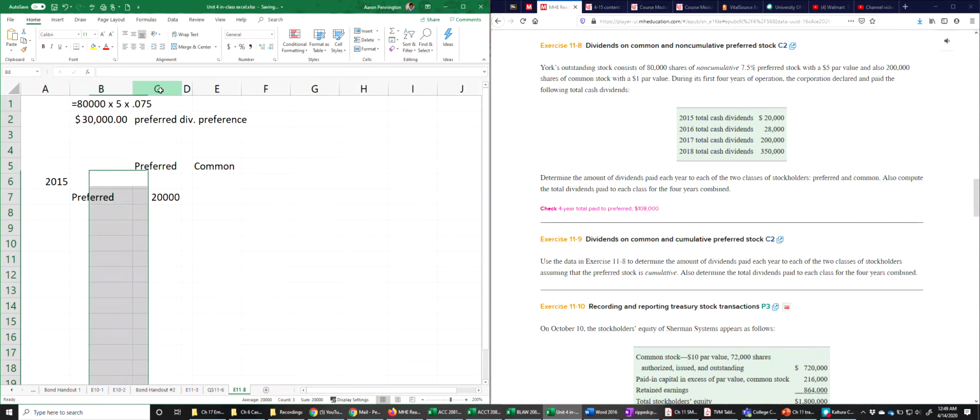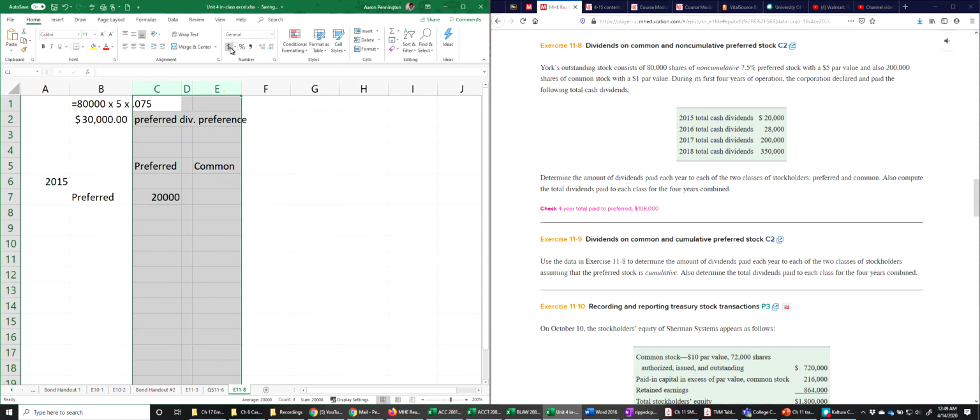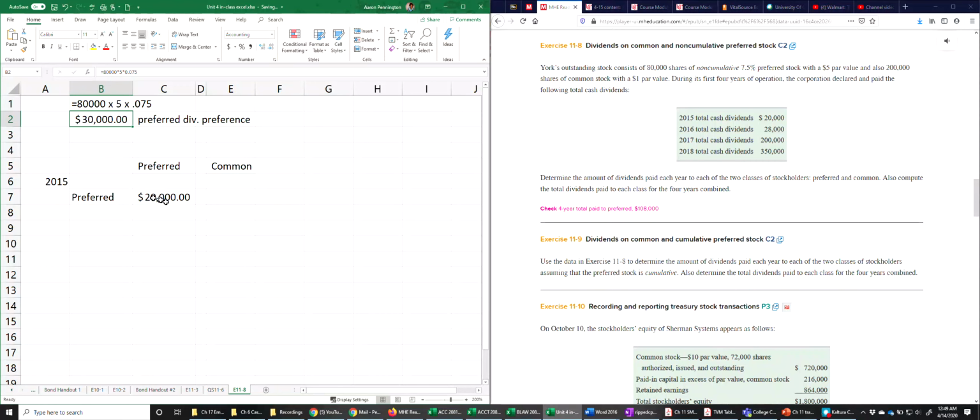Common would get nothing because the dividend declared was less than the preference. In 2016, $28,000 was declared. All of that goes to the preferred stockholders because the dividend was less than $30,000.